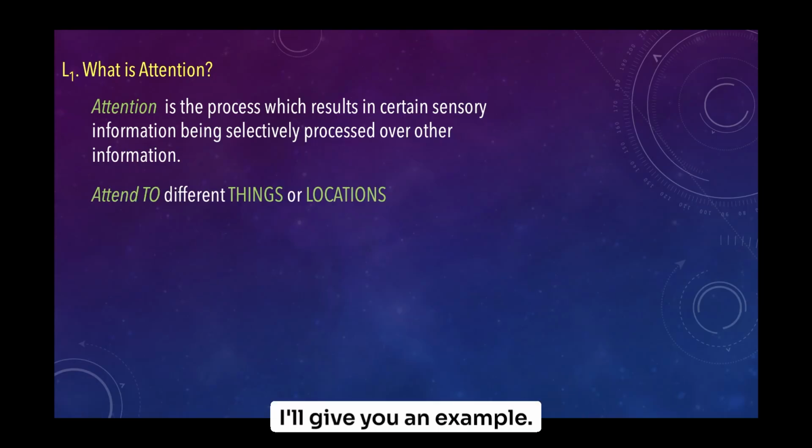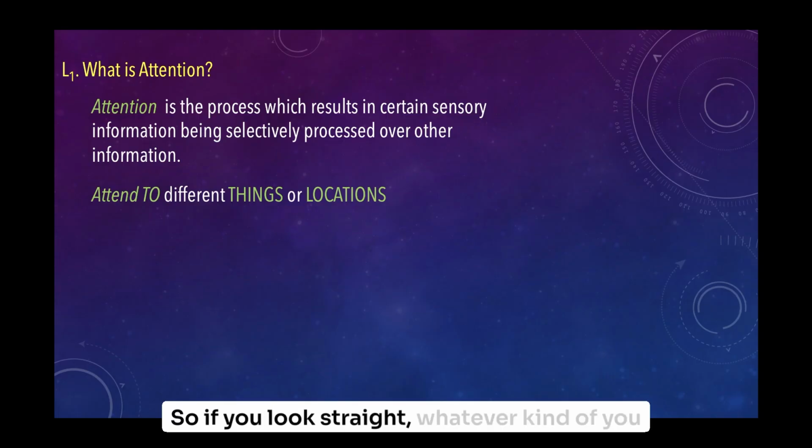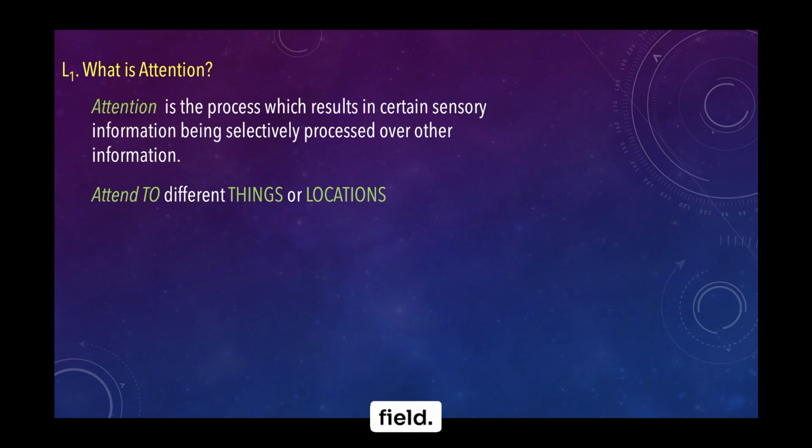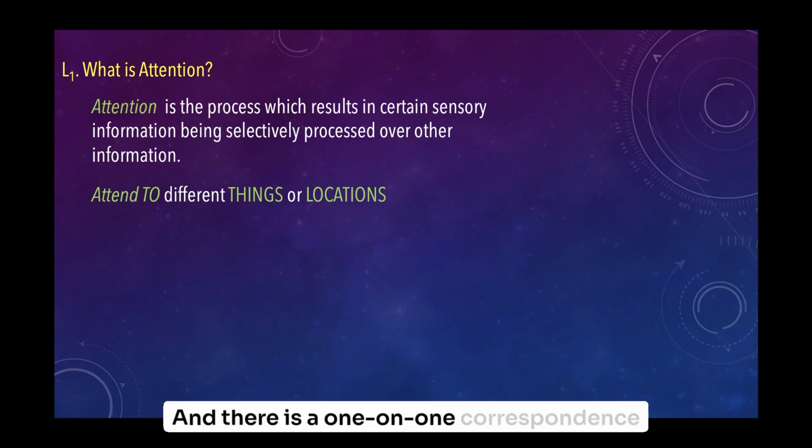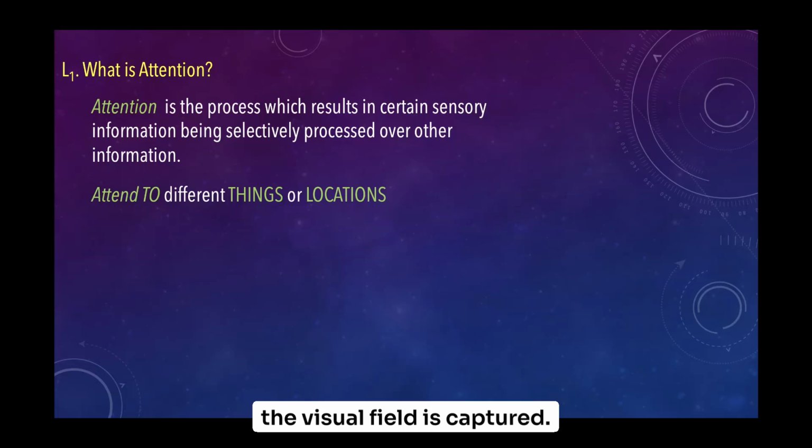I'll give you an example. If you look straight, whatever you can see is called your visual field. And there is a one-to-one correspondence between every point in the visual field and your retina, so that everything in the visual field is captured.